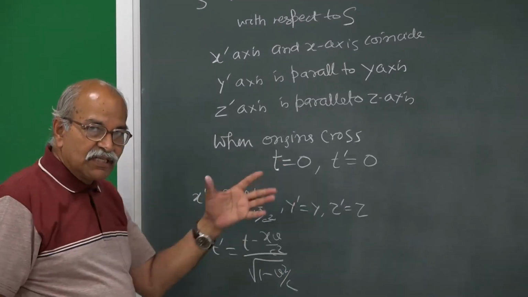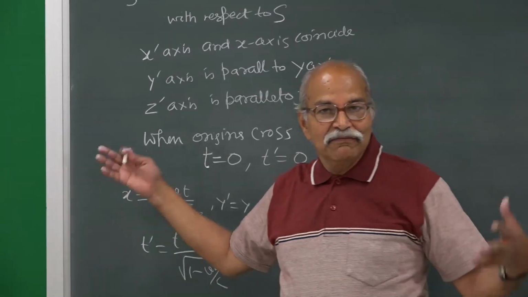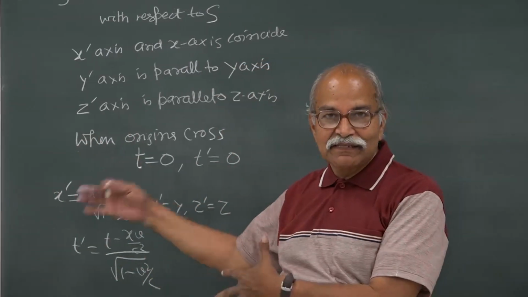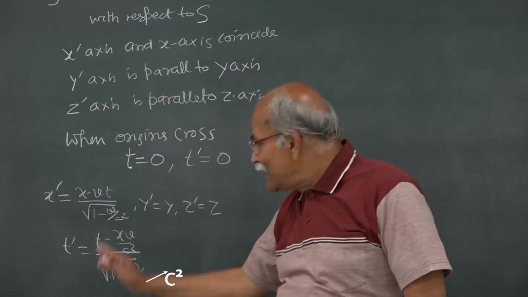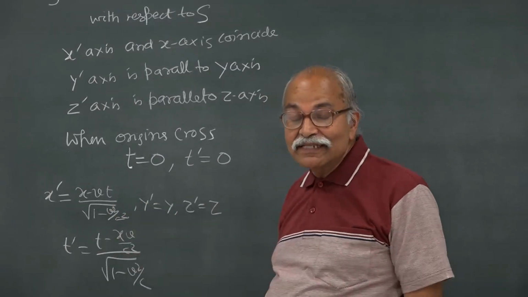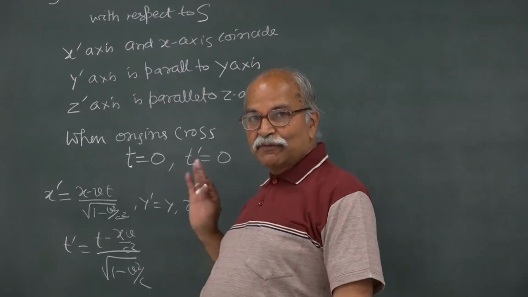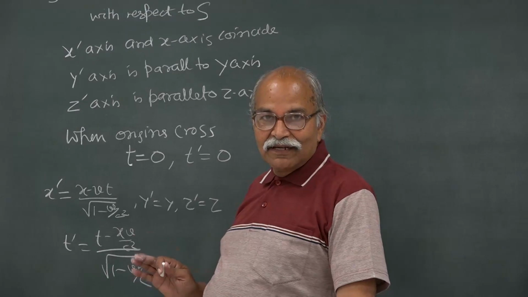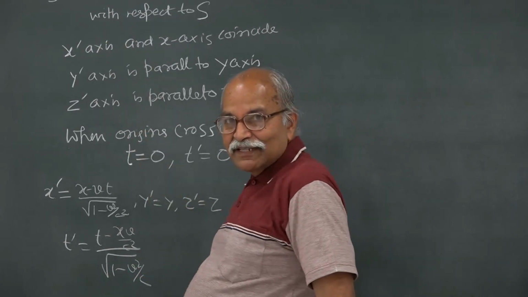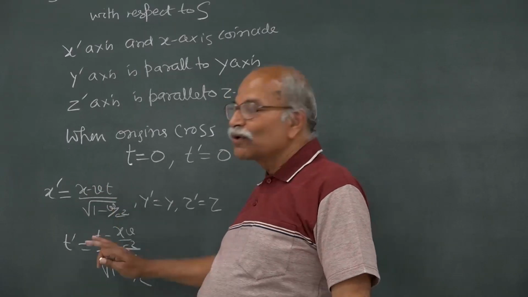These are the equations we have practiced from the very beginning, and we have crammed perhaps by this time. But then these equations will not be the Lorentz transformation if these conditions are not met. Lorentz transformation will always be there. Our world is relativistic, no one can change that. But these forms will be more complicated.